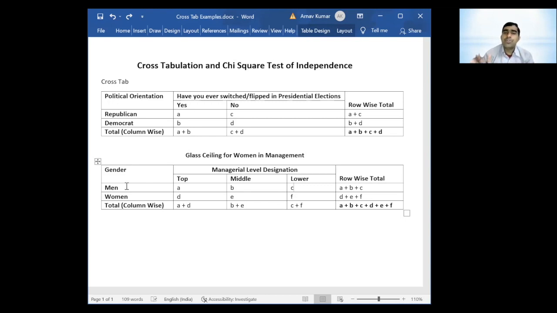So I'm giving you a solution for that also. Suppose even at the lower level of management the participation is 60-40 or even 70-30, and that continues in the middle level also. So 70% are men and 30% are women.